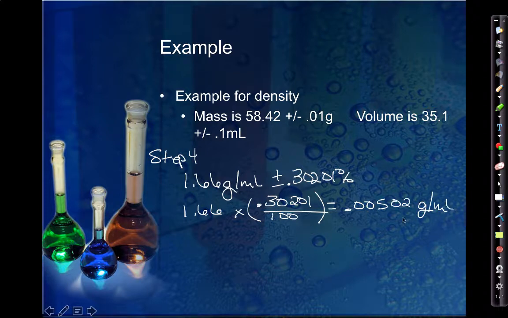Now, when I go back and I actually report my final answer, well, I know it's 1.66 for the density, okay? And I know the range is going to be 0.00502. But when I report it, I'm going to go to the significant value place that I have here. So if it goes to 2 decimal places, I'd like my uncertainty to also go to 2 decimal places.